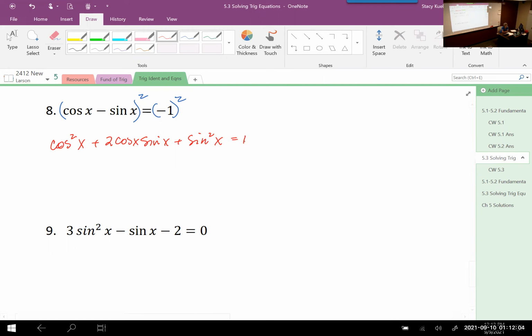Remember, we practiced something similar to this at the beginning of the class. What do you notice about those two things right there? They equal 1, don't they? So this is going to be 2 cosine x sine x plus 1 is equal to 1.